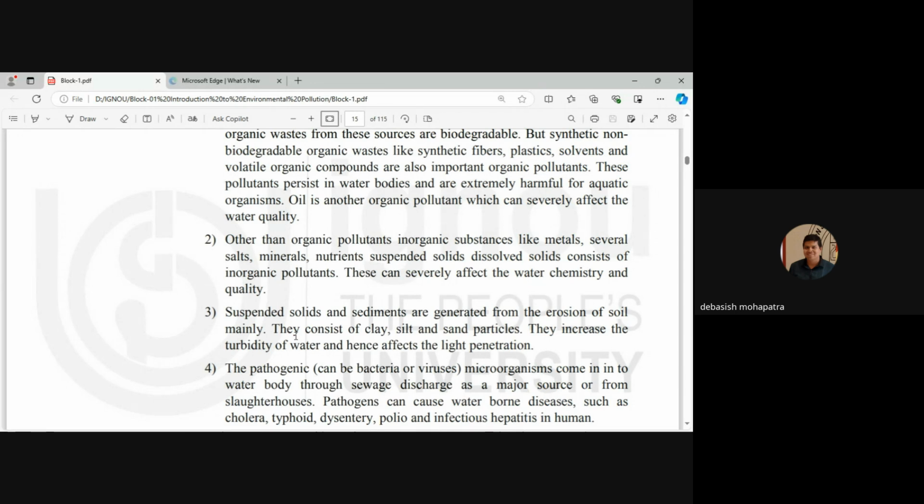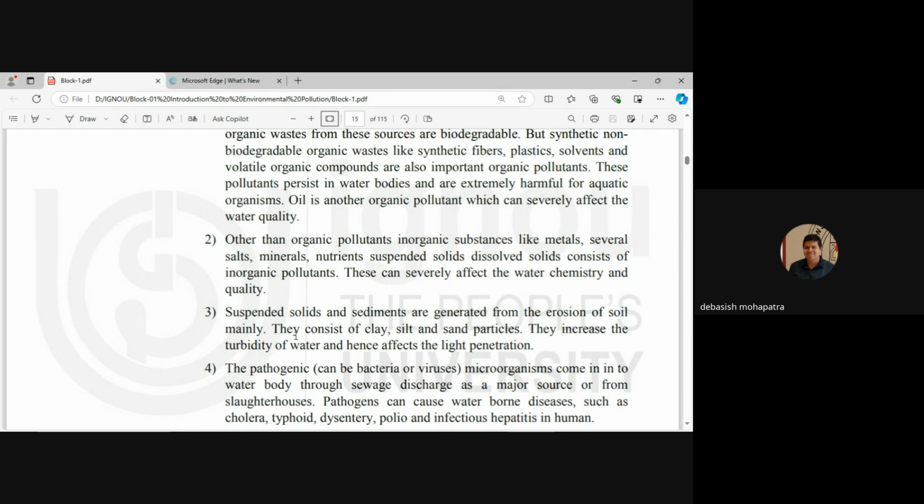And we know many water bodies are not very deep. They have submerged plants in the base. Okay, and these submerged plants need light for photosynthesis.